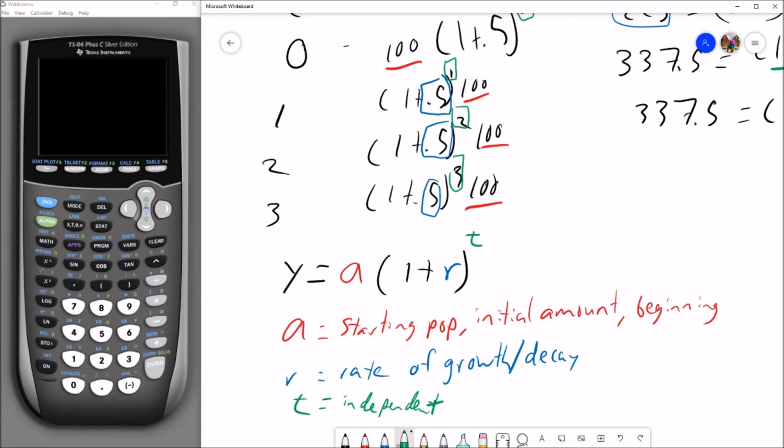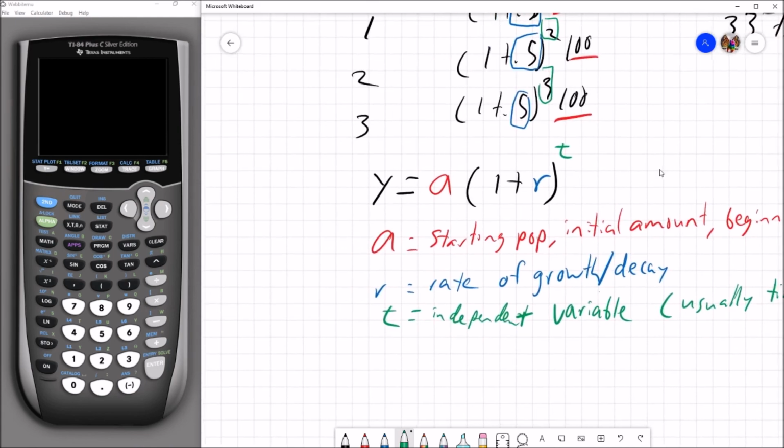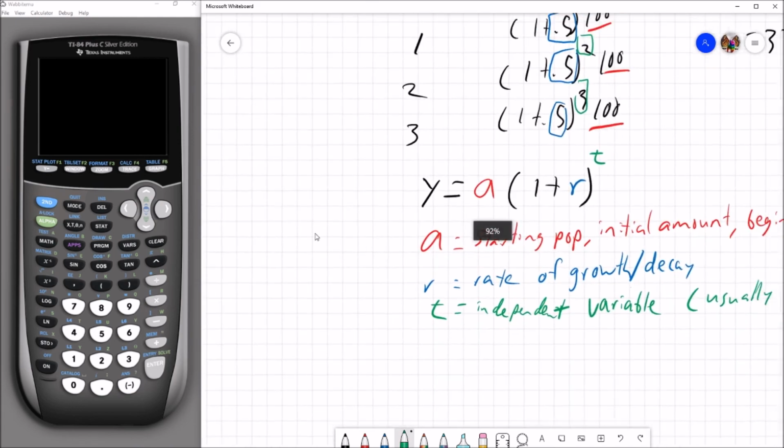Independent variable. And this is usually time. Alright. So this is our first equation for exponential growth.